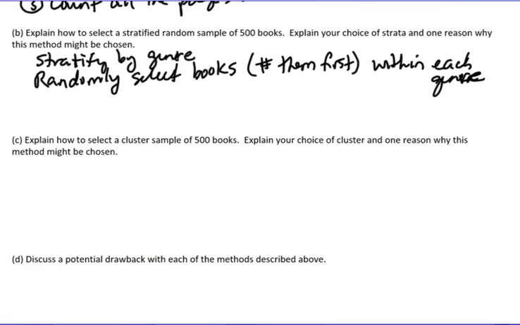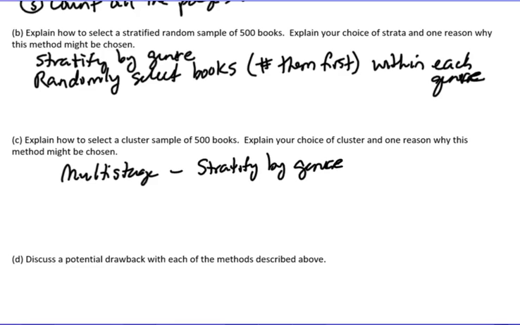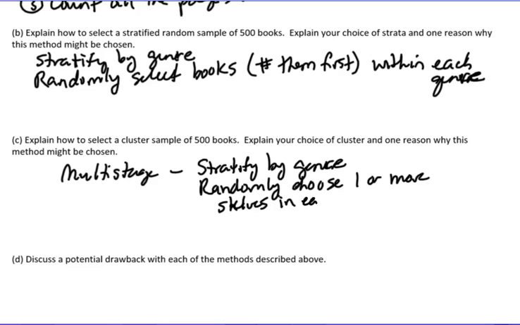However, we did think about something called a multi-stage sample. In a multi-stage sample, you have two different methods. You do one at a time. So first we would stratify by genre, and then randomly choose one or more shelves in each genre.